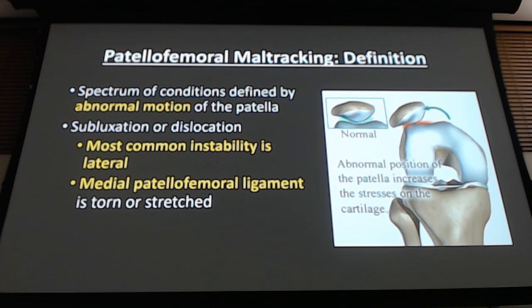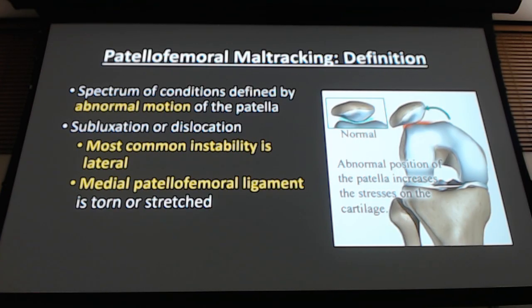Okay, patellar maltracking. So again, this is the sunrise view here, right? It's an abnormal motion of the patella in that anatomical landmark, if you will, as the patient is moving, whether it's flexion, extension, or performing dynamic motion.